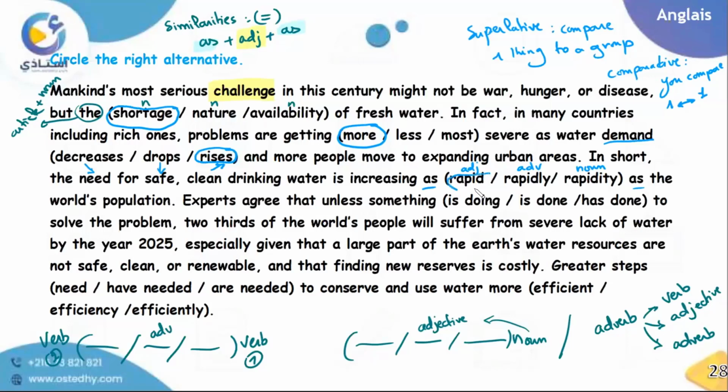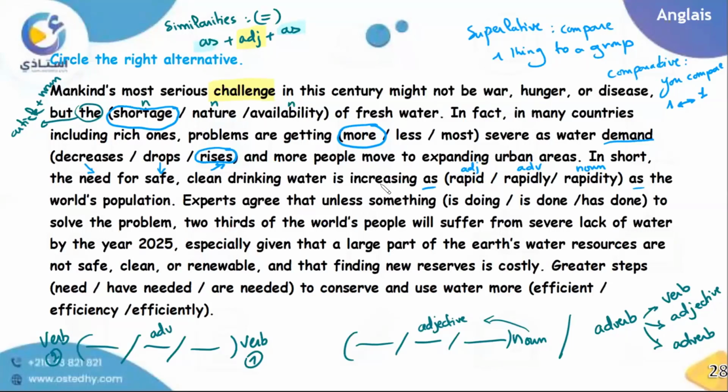You don't say as rapidly as. You can say that, but here we're not talking about, okay, sorry. Here I made a mistake.